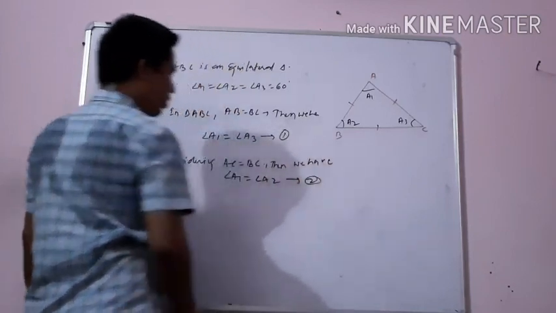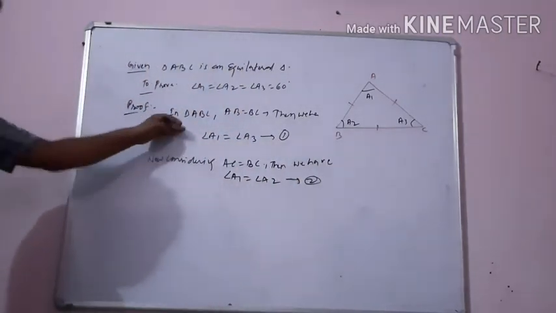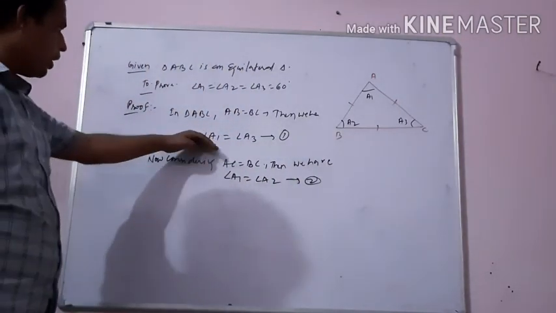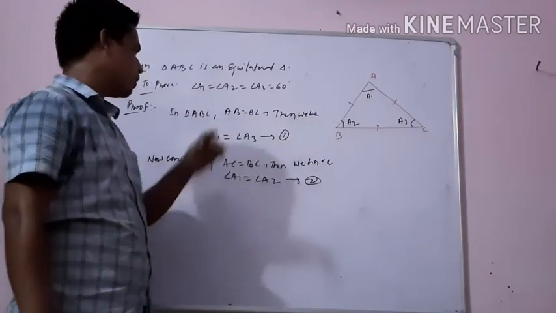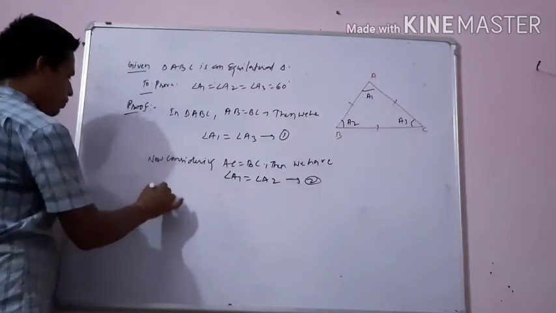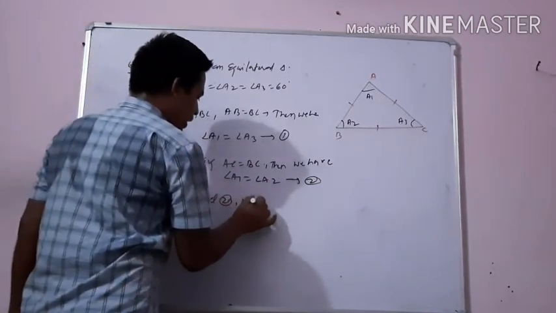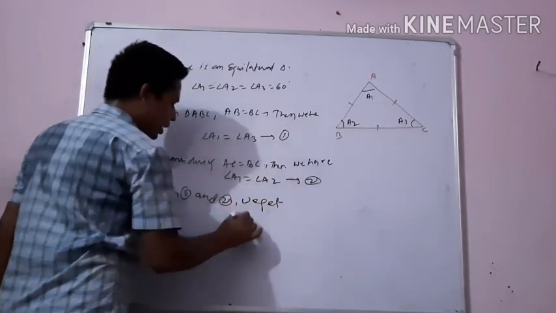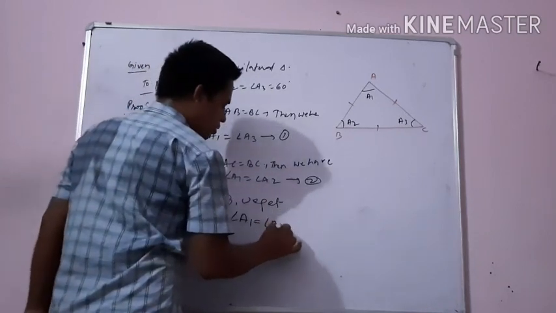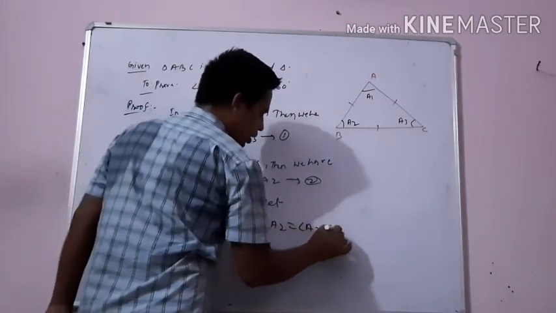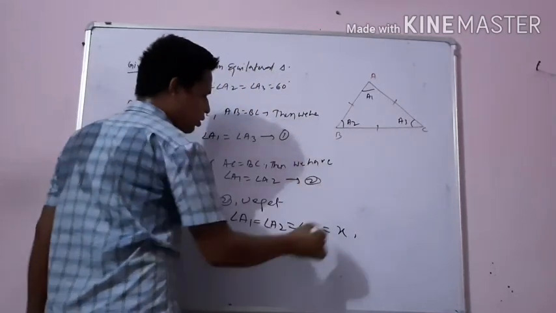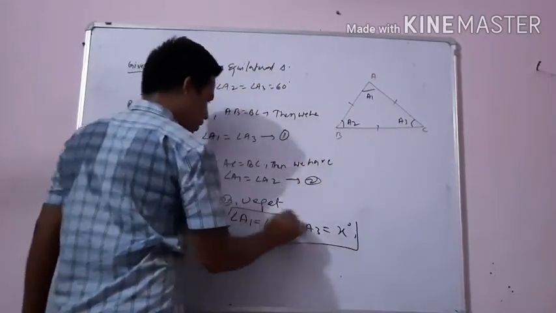Consider this point number 2. Now from 1 and 2, we get angle A1 equals A2 equals A3, consider that equal to x degrees.